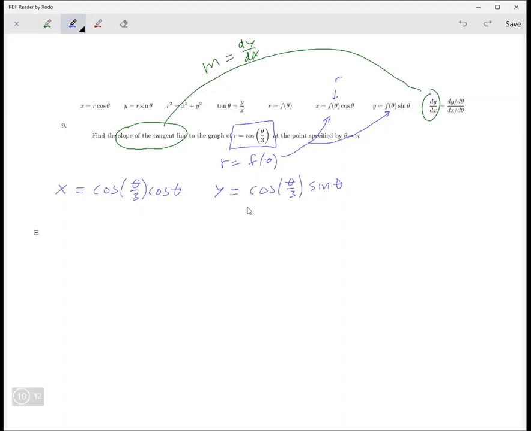Here we have x and y. These are parametric equations, and the parameter is theta. In the last section, we said to find dy dx, you find dy d theta over dx d theta. So we're going to go ahead and do that.